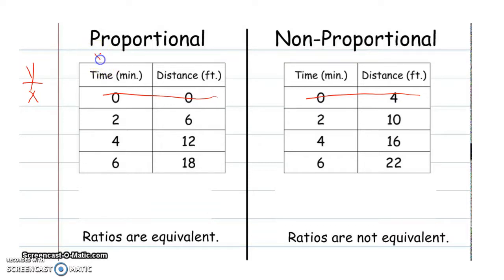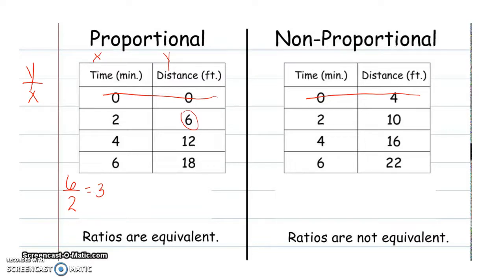Time is always going to be independent because we can't stop time. Y is going to be my dependent variable, determined based on how much time has passed, my distance in this case. So here we go. I need to take my y value of 6 and divide it by my x value of 2, which gives me 3.